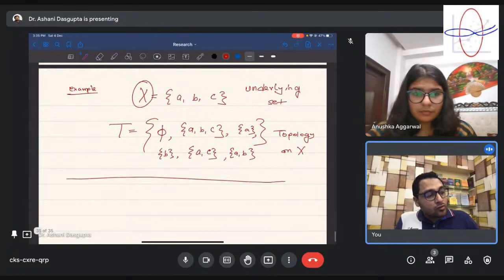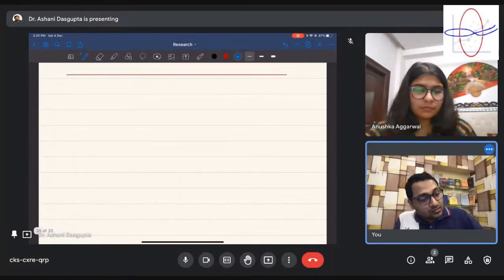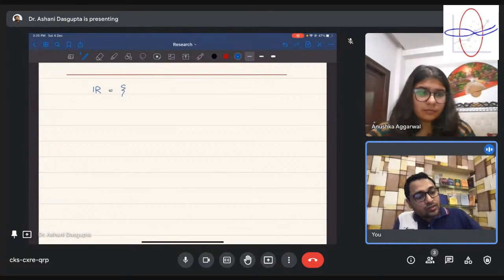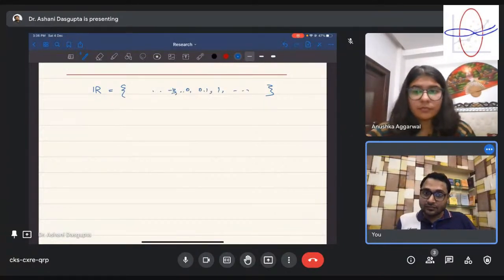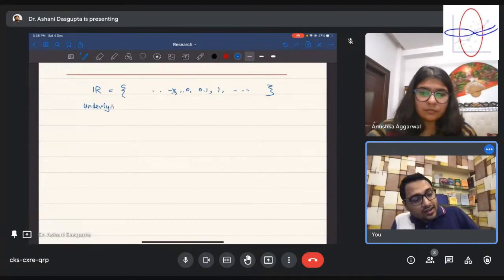Now let's go to a more important example: the real numbers. We know that it's a set of numbers like 0, 0.1, 1, -3, and all these numbers are there, right? So this is the underlying set.